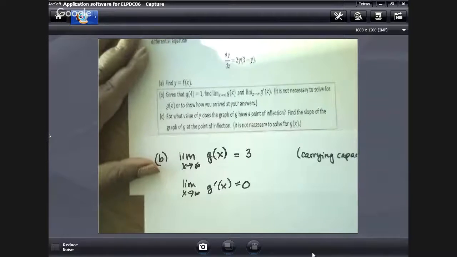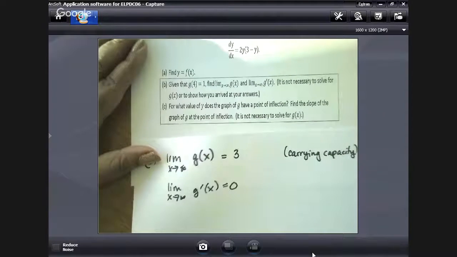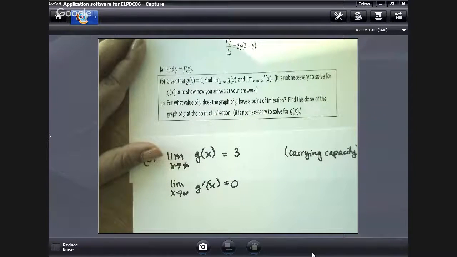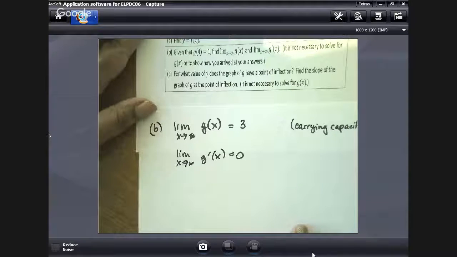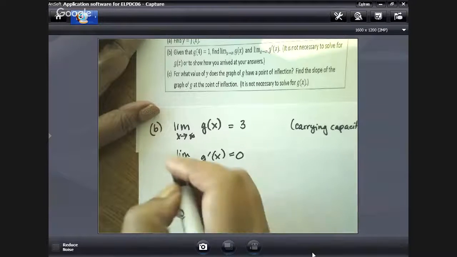In part C, for what value of y does the graph of g have a point of inflection, and you find the slope of g at the point of inflection. Remember I talked to you about point of inflection? Where was it? The point of inflection was halfway between 0 and the carrying capacity. In other words, it's half the carrying capacity.